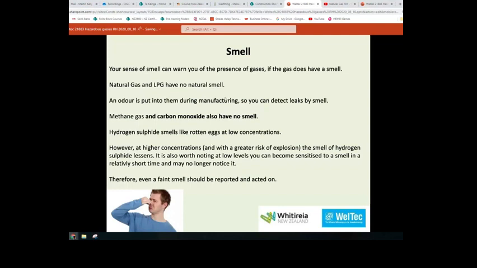Problem with all of these gases and the smells is that after a period of exposure, you tend to not notice it anymore. So it's only really that initial thing, and it can be quite faint, where you can smell the gas. If you don't take action or realize that that actually is gas, you just kind of acclimatize to it, and you may be in a dangerous situation and no longer realize it.